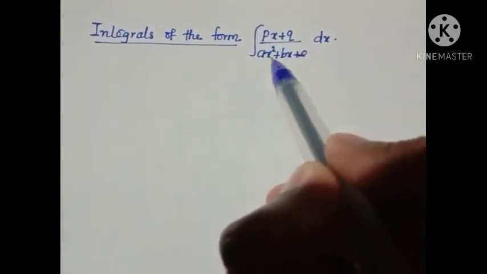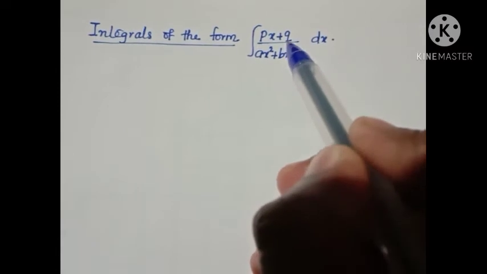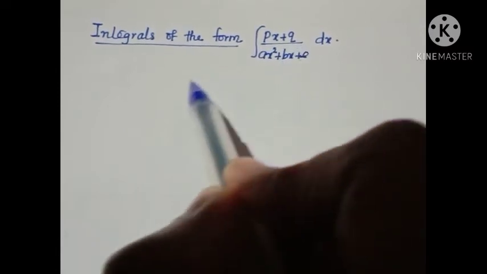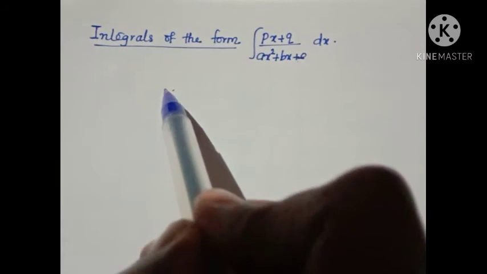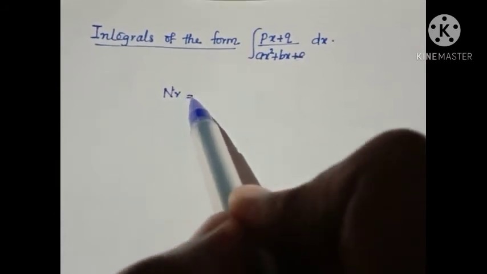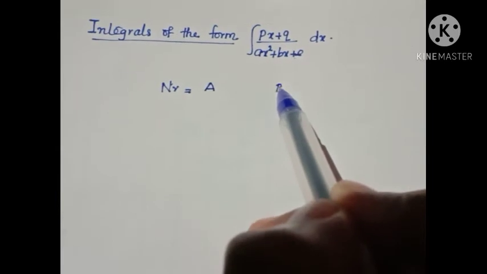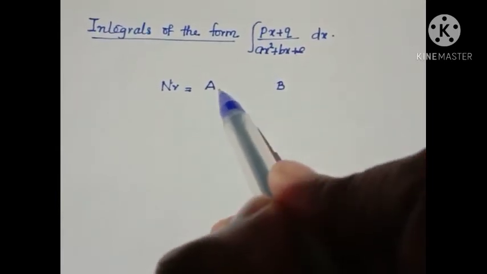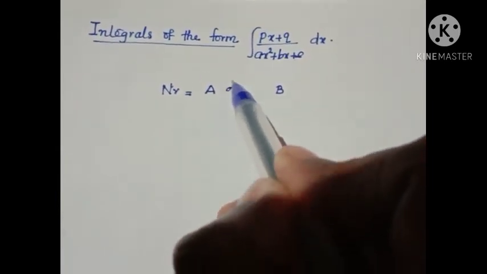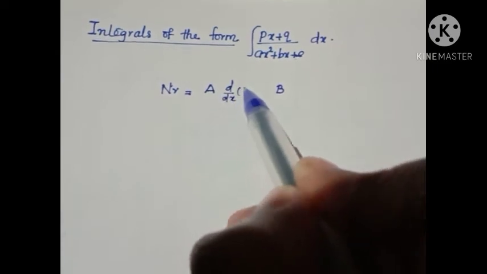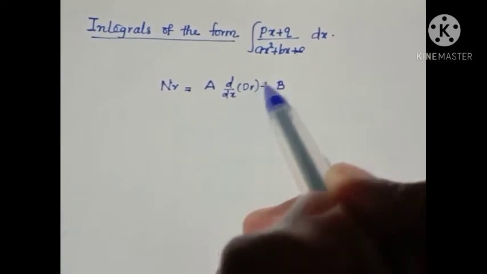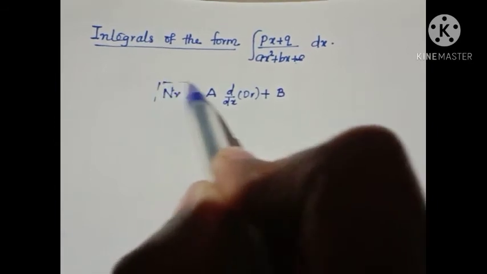The first step is to convert this numerator using a formula. Numerator is equal to, we introduce two constants a and b in such a manner that, a times the derivative of the denominator plus b. This is the basic result.